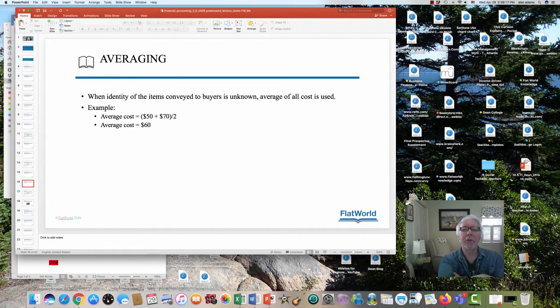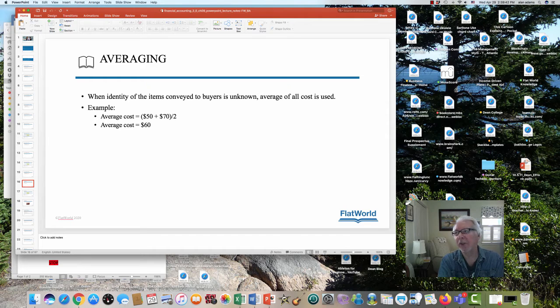Okay? Now there's the third, actually there are several other methods of inventory accounting, but FIFO and LIFO are the most common. And this one, averaging, pretty much assumes that you're just going to put everything in inventory, average it out, and say, I don't care what shirt it was, just take something out. I've got 2 shirts worth a total of $120.